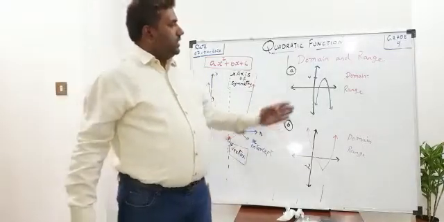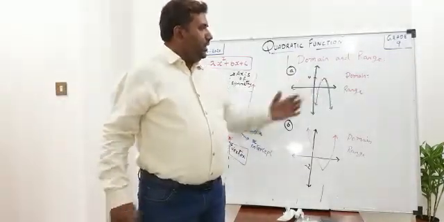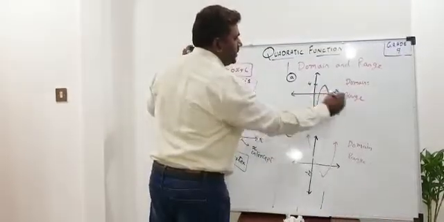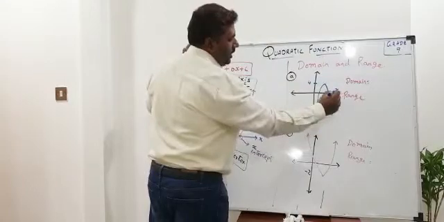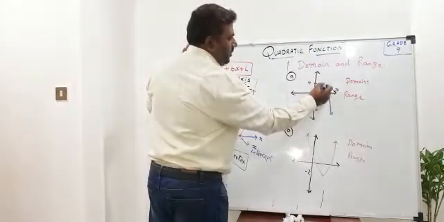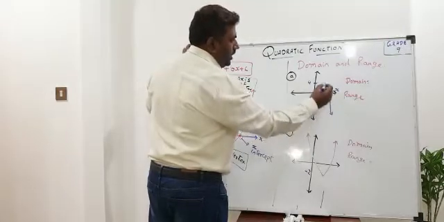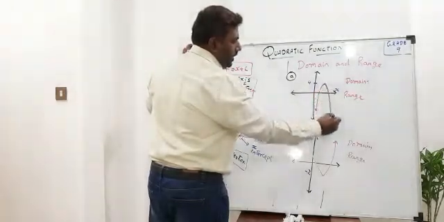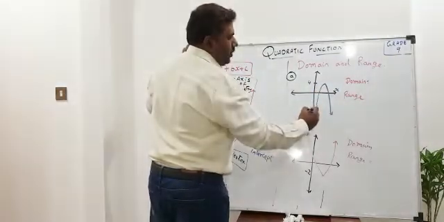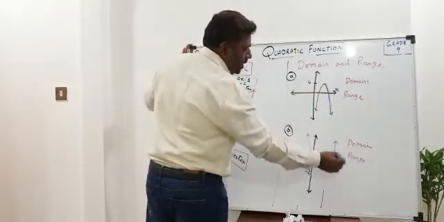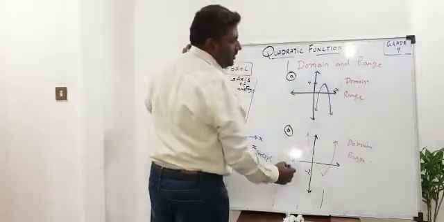In this case, the domain represents the movement of the graph on the x coordinate. So as we can see, the graph is going down, okay? So going down and going right and left, right and left. So here we can say the graph can be going unlimited to the right and unlimited to the left.